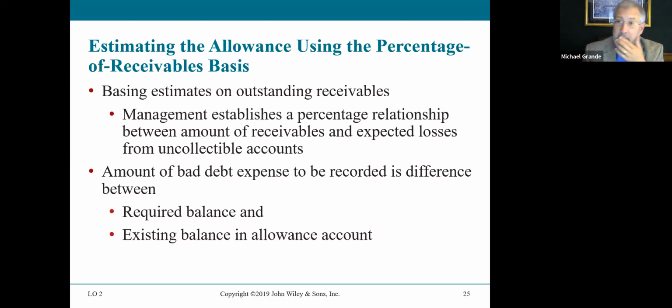This is important because the balance sheet account, allowance for doubtful accounts, is a permanent account. It means it never closes, so it always has a running balance in it. So we need to determine, number one, what is the existing balance and compare it to what is required to be there. That's where our adjusting journal entry comes into play.